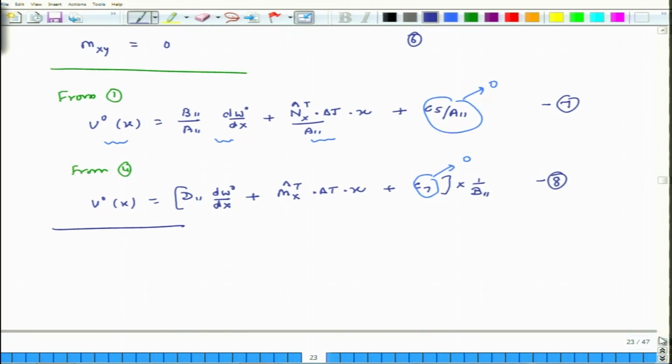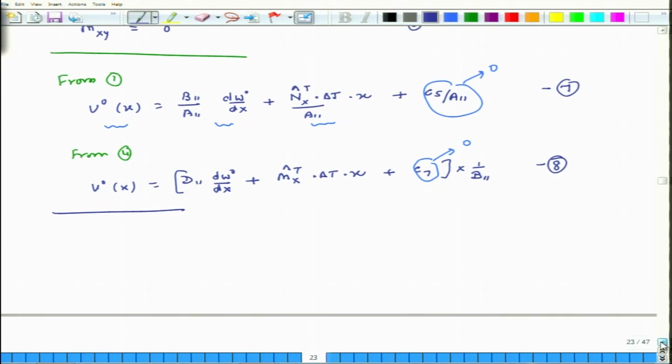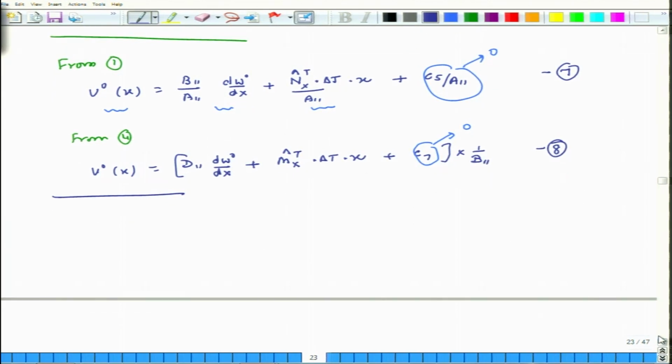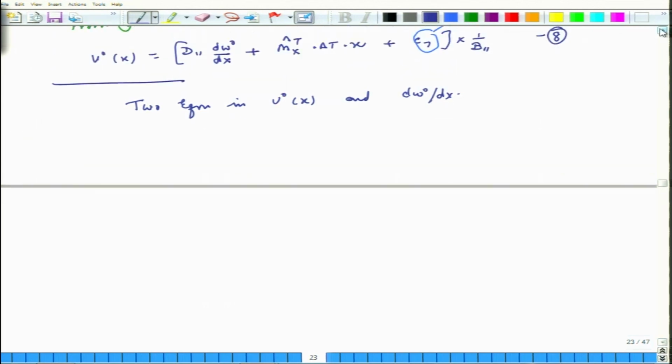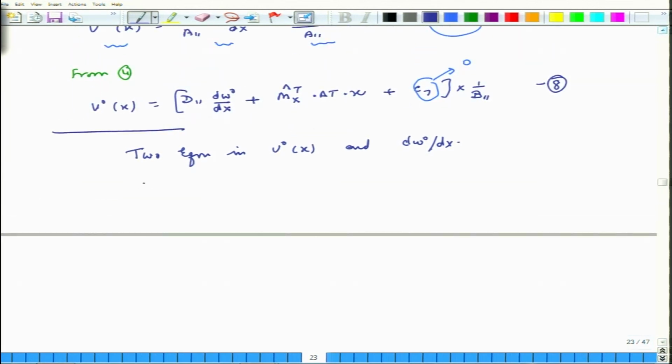So, once we set these to be 0, what we see is that these modified equations are equations in u naught and dw over dx. So, we have two equations in u naught x and dw naught over dx. These are simultaneous equations. So, we can solve for u naught x and dw naught over dx.